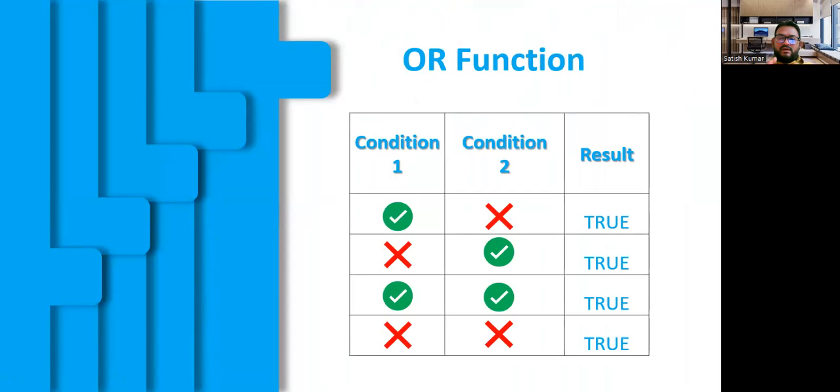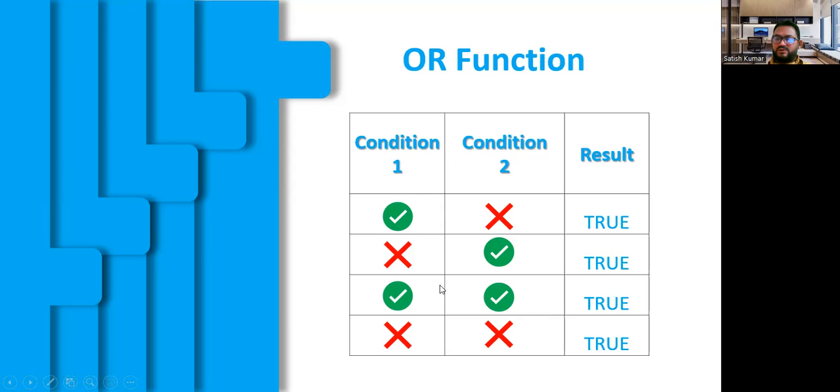Whenever you are performing any function with the help of OR, it means if either of your conditions is true, you will get the true answer. If you are performing your function with two conditions, condition 1 and condition 2, and either of the conditions is true, you will get true.